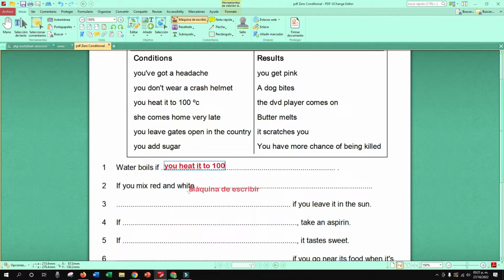I can say that is the hottest, right? Water boils, that is the main clause. Then we're going to have the if clause. In this case, we don't need the comma, right? Because we are starting with the if clause. So, water boils if you heat it, right? Heat what? The water, right? So, let's do the others.